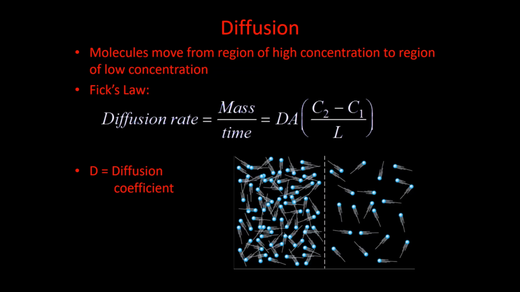And a diffusion rate through, say, a membrane or something like that is usually characterized as mass per unit time, which is going to be some diffusion coefficient times an area, and then is a differential of the coefficients here over some length. We are not going to employ this in physics terms, but it does relate to fluid flow.